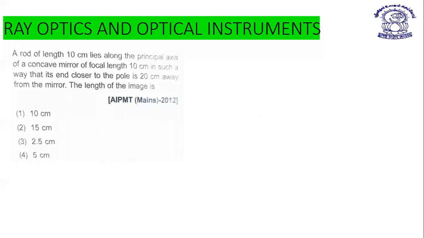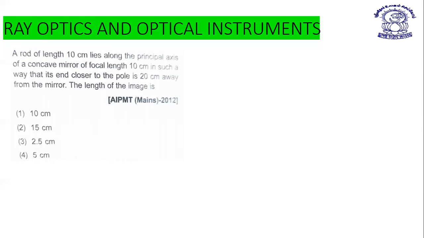Next, this question was asked in AIPMT 2012. A rod of length 10 centimeter lies along the principal axis of a concave mirror of focal length 10 centimeter in such a way that its end closer to the pole is 20 centimeter away from the mirror.